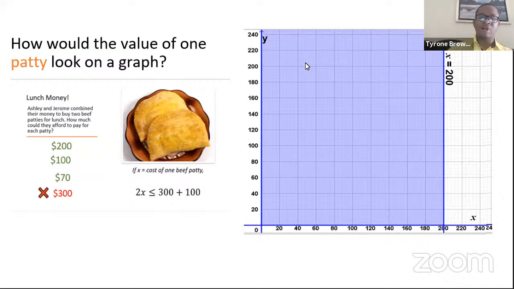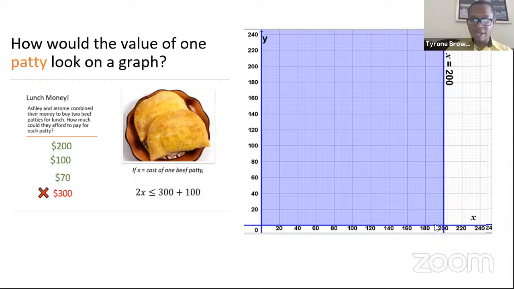When we are talking about the graph of inequalities, it's not a line, but rather a region we are speaking of. So as you can see on our graph, we have a region that is shaded. And that represents all the possibilities for the cost of our patties. And I'm hoping everyone is seeing that. Let me put up the spotlight.